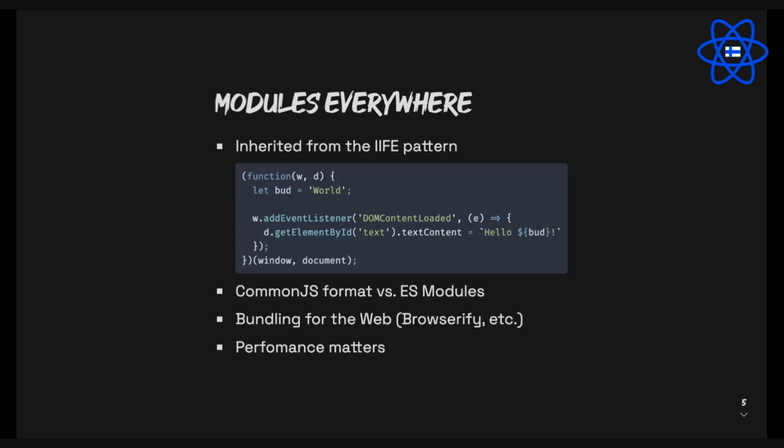But because of those modules everywhere and those patterns, we still have to build for the web, because we couldn't load everything in the browser, and the browsers weren't ready to handle the different kinds of modules with the CommonJS format.